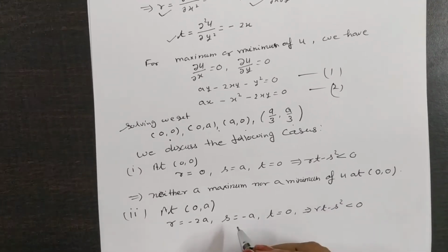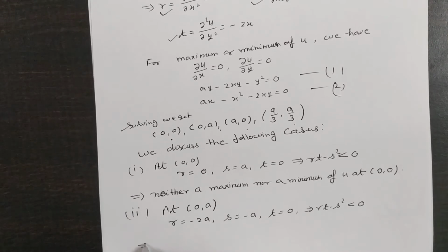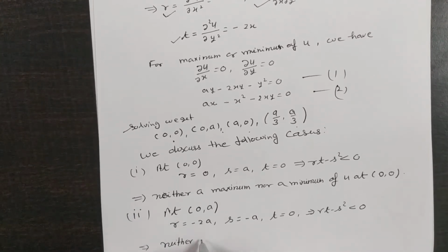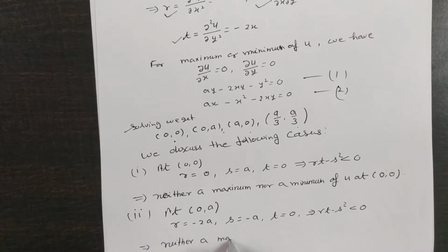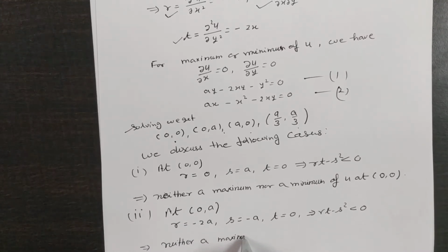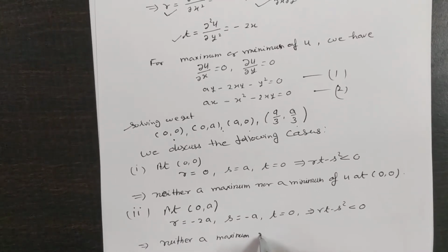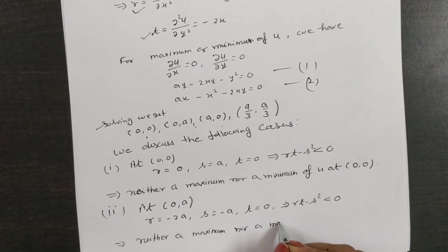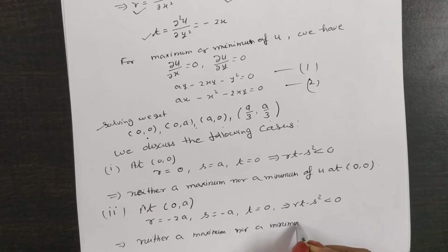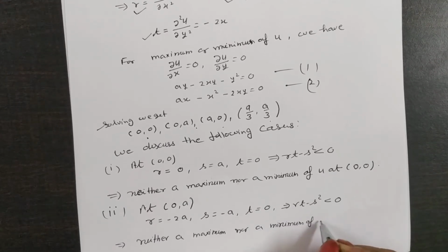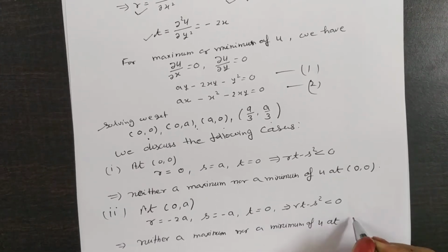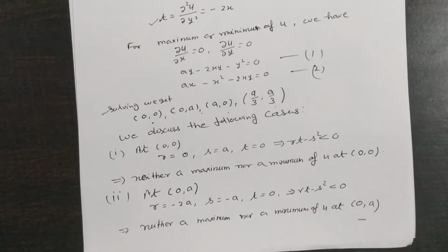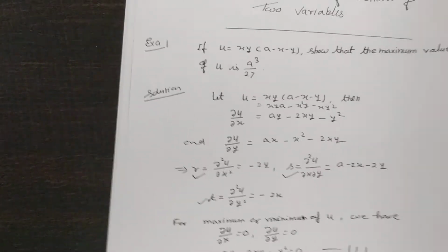Therefore u has neither a maximum nor a minimum at (0, a). Clear?